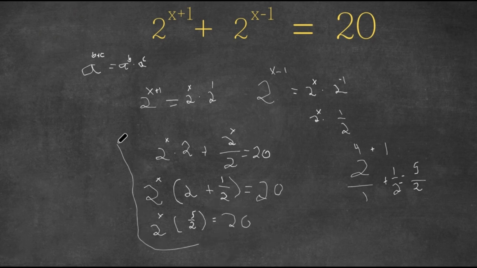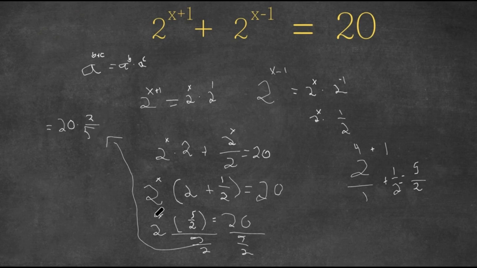And I'm going to write this up here. Now what we're going to do is divide by 5 over 2 on both sides. So 20 divided by 5 over 2 is the same thing as 20 times 2 over 5.